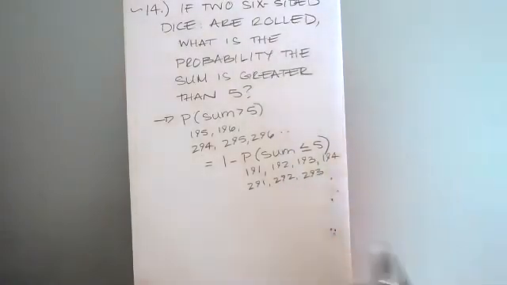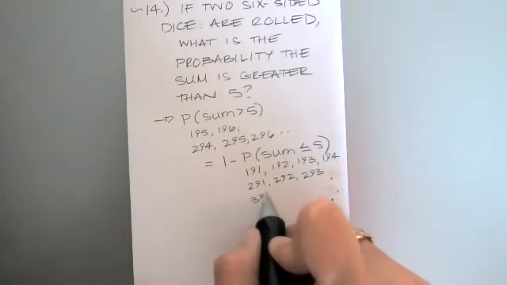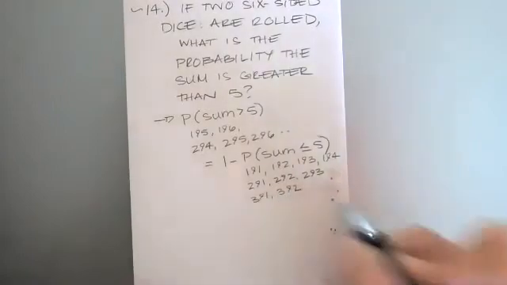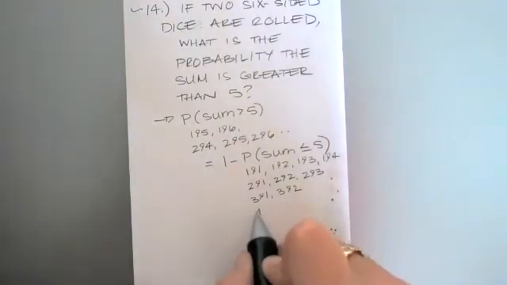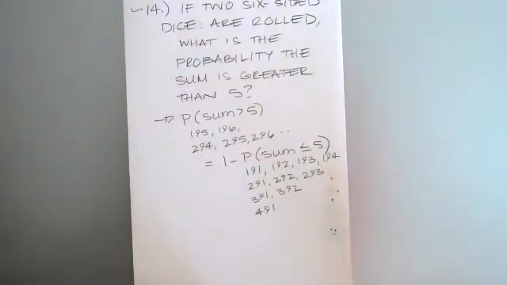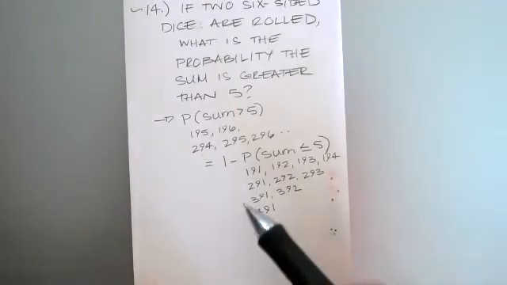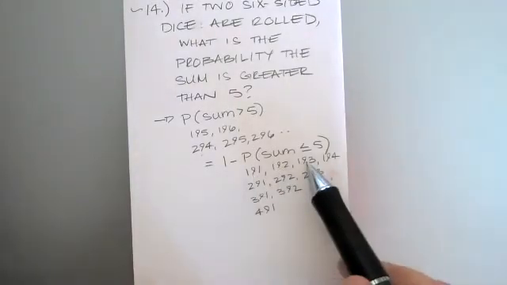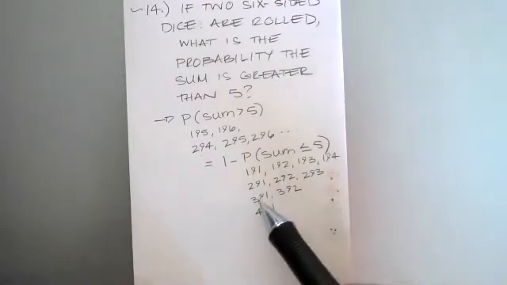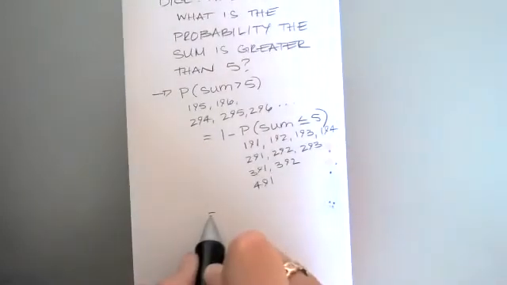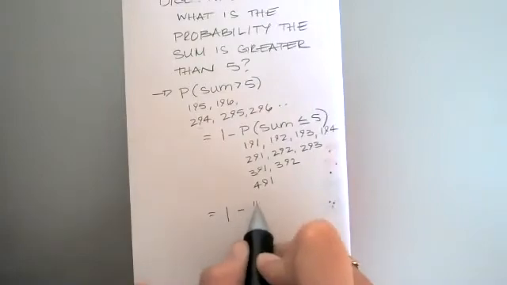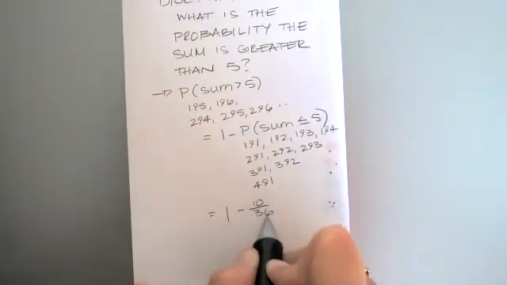Then I can roll 3 and 1, 3 and 2, and then 4 and 1. So we've got 1, 2, 3, 4, 5, 6, 7, 8, 9, 10. So we've got 1 minus 10 out of 36.